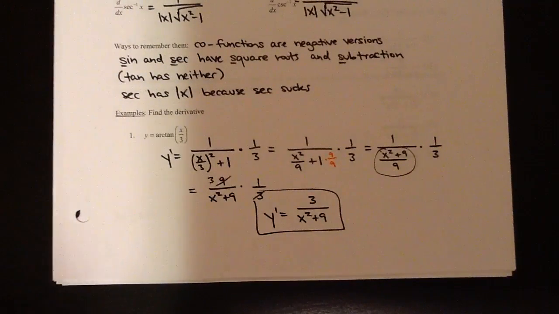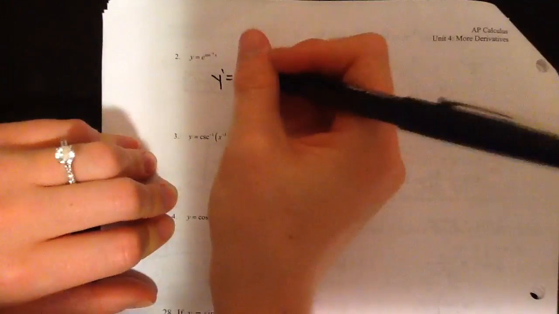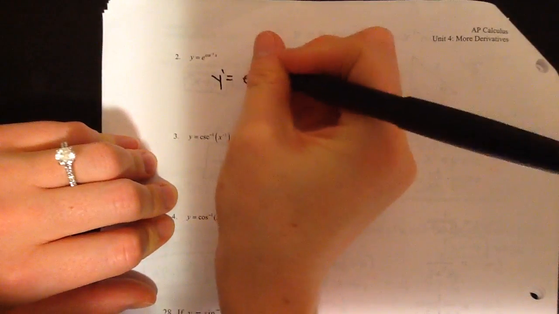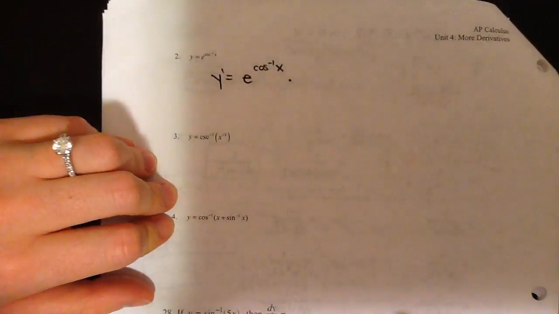All right, we've got a couple more of these to look through. Basically just some quick little chain rules within these rules here. So number 2, e to the cosine inverse of x. So my main function here is e, and we know the derivative of e is just e. So e to the, I leave my nested function in place, and then I multiply by the derivative of the nested function, which these are just something to memorize.